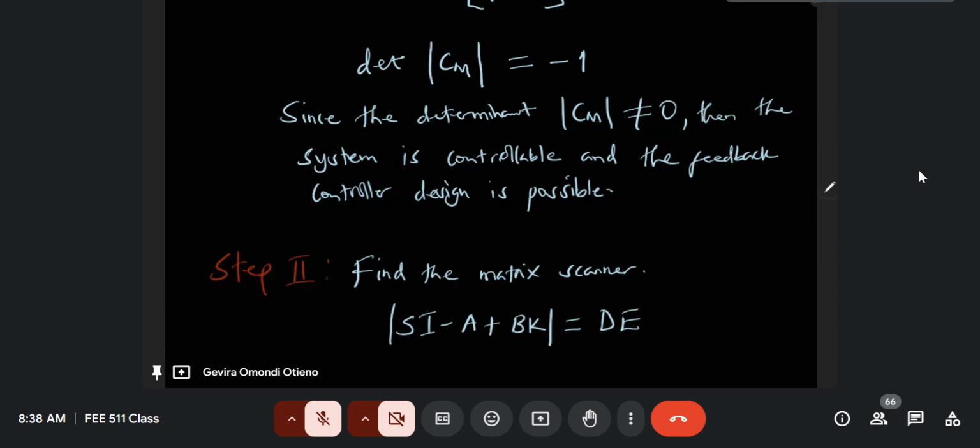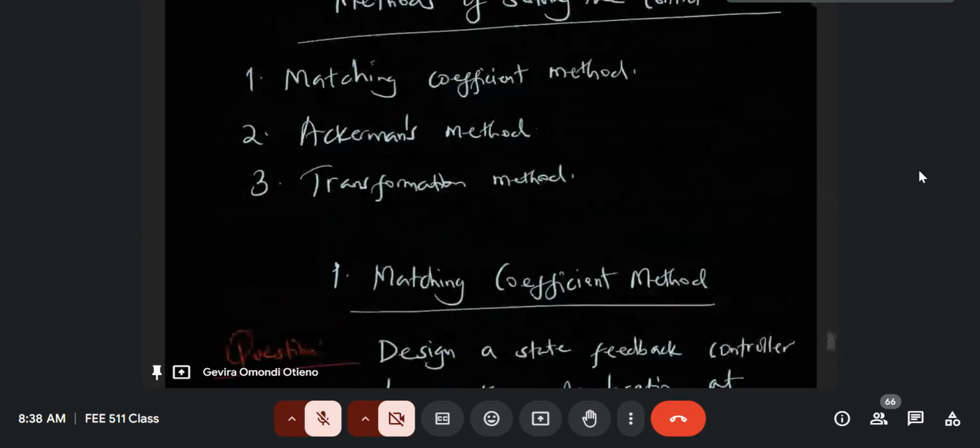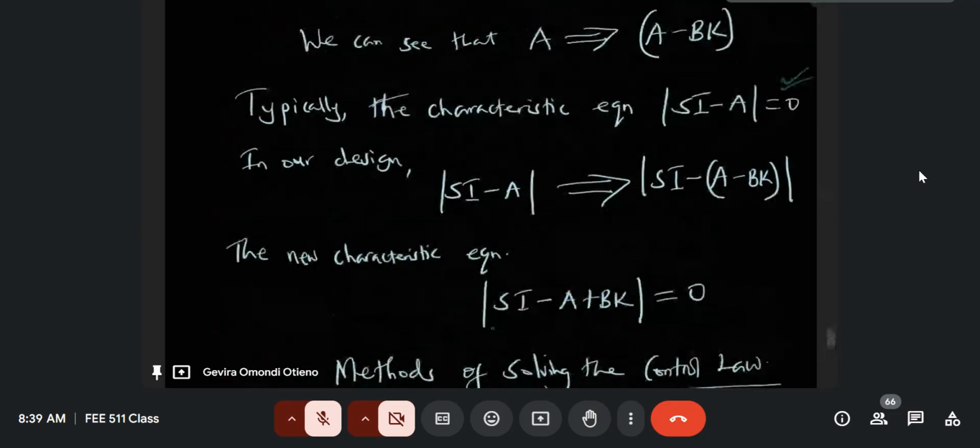equation. Please notice, I have not cooked that figure. The new characteristic equation is SI minus A plus BK. This is the characteristic equation of the design.